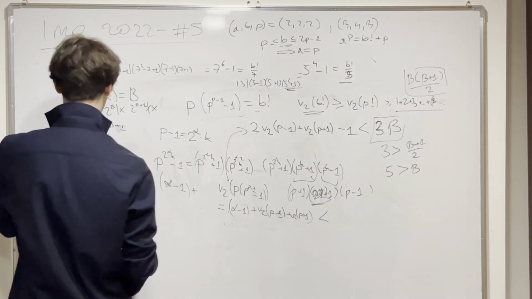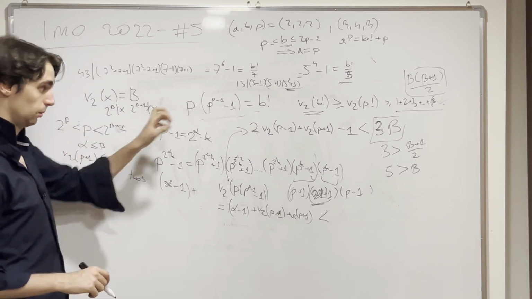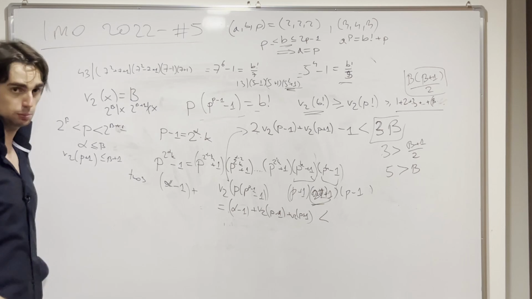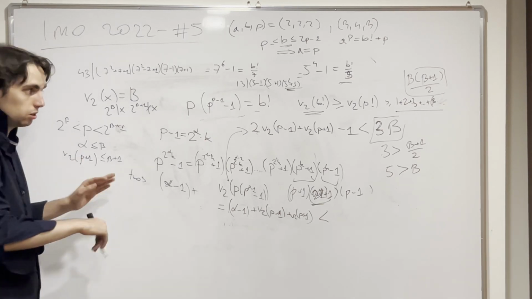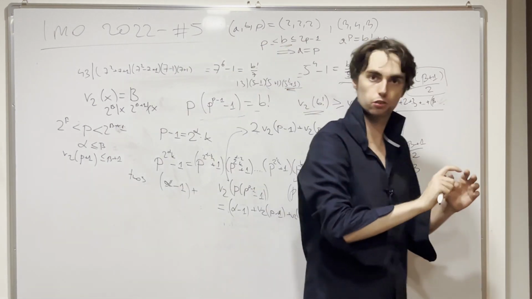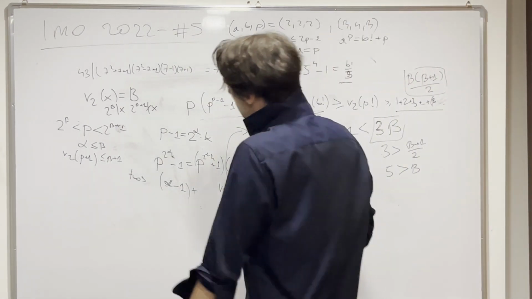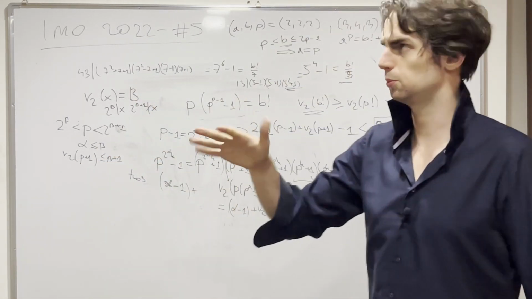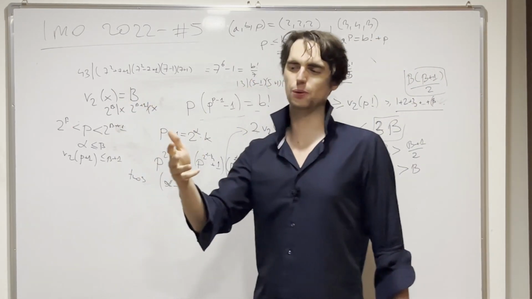In other words, 5 is strictly greater than beta. So p needs to be less than 64 for this whole thing to hold true with our super weak estimates. Now, we could just play around and finish all these cases manually. Well, there's a bunch of primes that we haven't looked at: we've looked at 17, but now it's 19, 23, 29, 31.